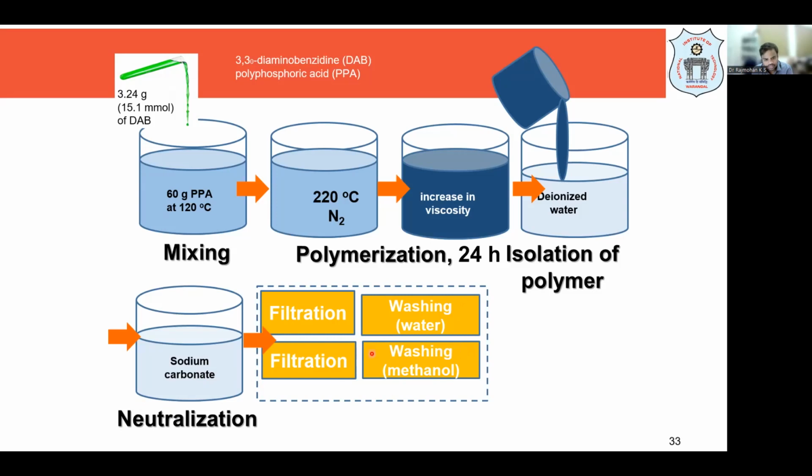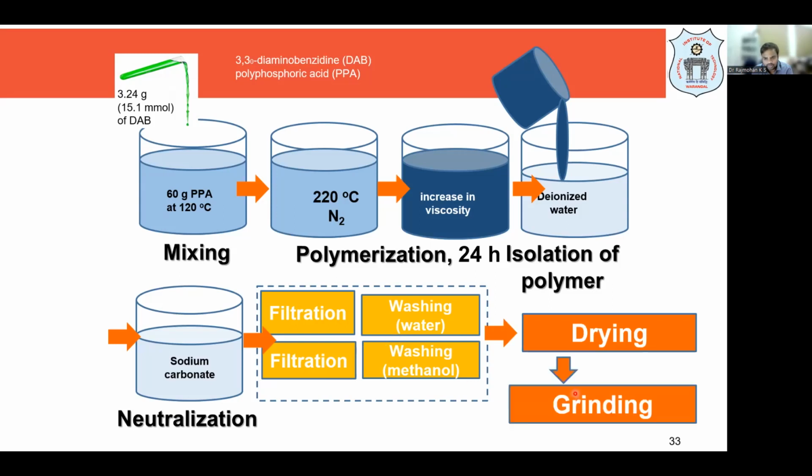Several such filtration steps are done before we finally dry it to get the product we want. Okay, so we will get a polymer powder here. Once you dry this, we grind it to make a fine polymer powder. So this is the procedure to prepare your MPBI.